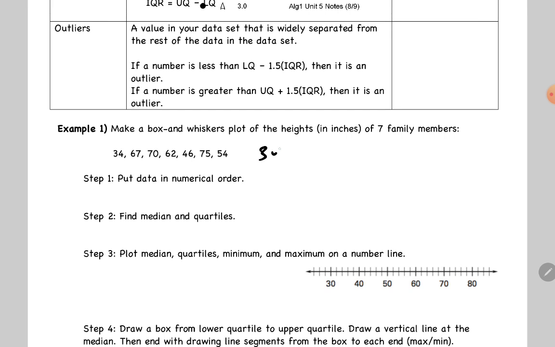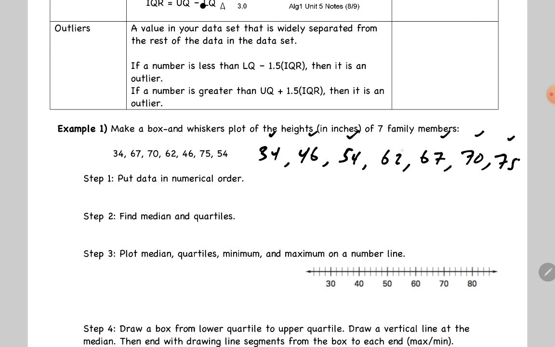So 34, 46, 54, 62, 67, 70, 75. Okay? And now we need to find our median. Remember, our median is the very center. So I'm just going to do little check marks, count one from the left, one from the right, until I get to the middle. 2, then 3.